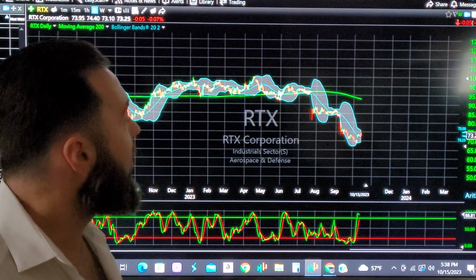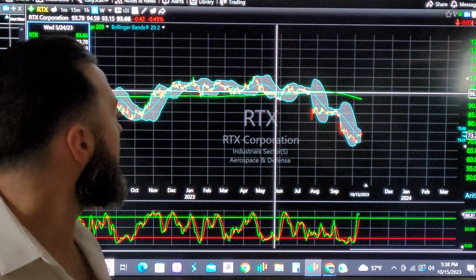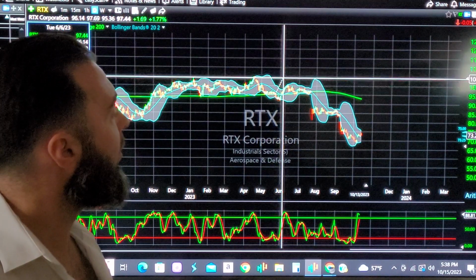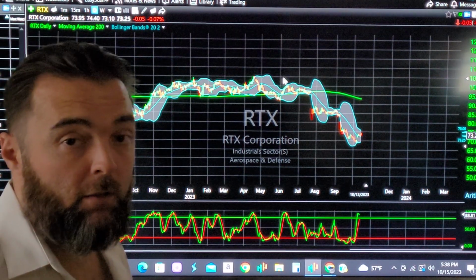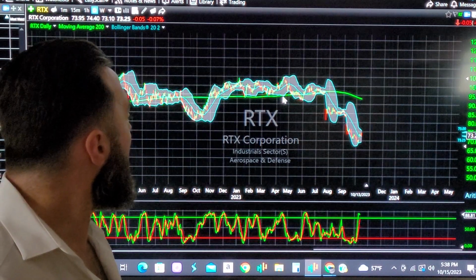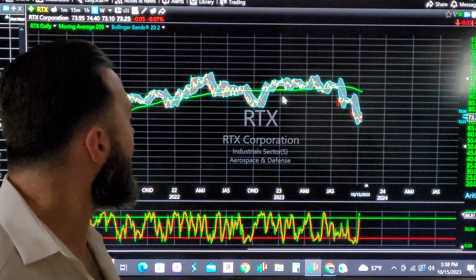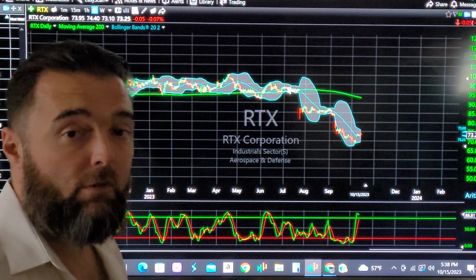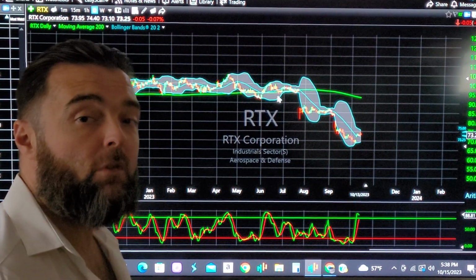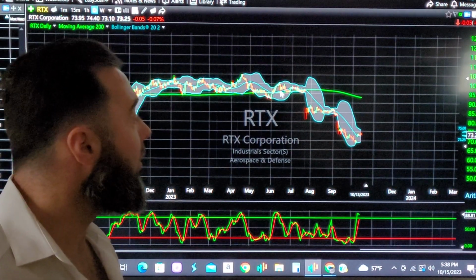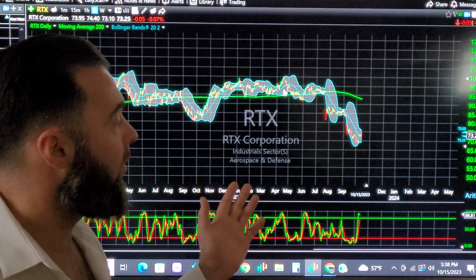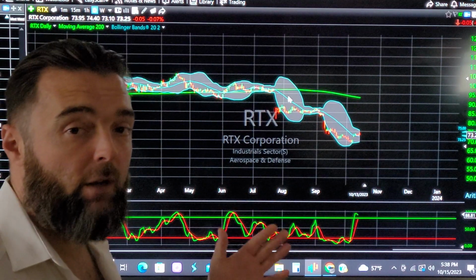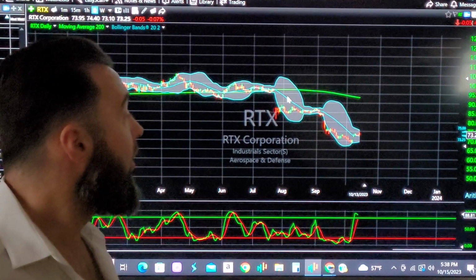Now that's been bouncing off for some time. I took the risk thinking it was going to bounce off a bit again. Didn't do that. But hey, it happens. You're never going to be right 100% of the time. The best thing you can do is know how to read these charts. It's going to give you a benefit and advantage over not knowing how to read them.